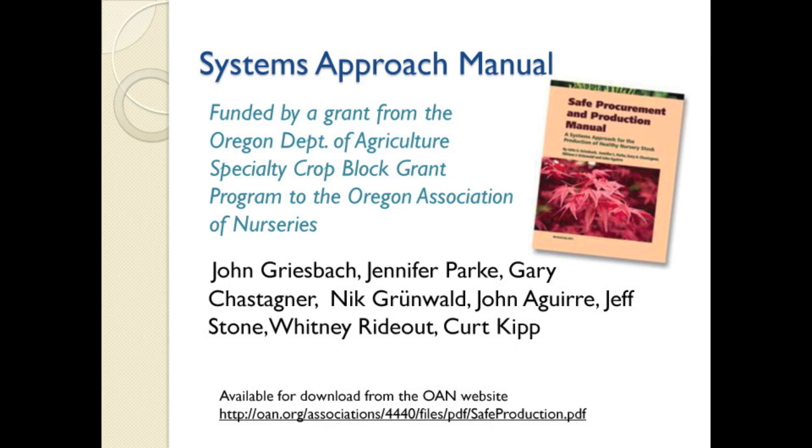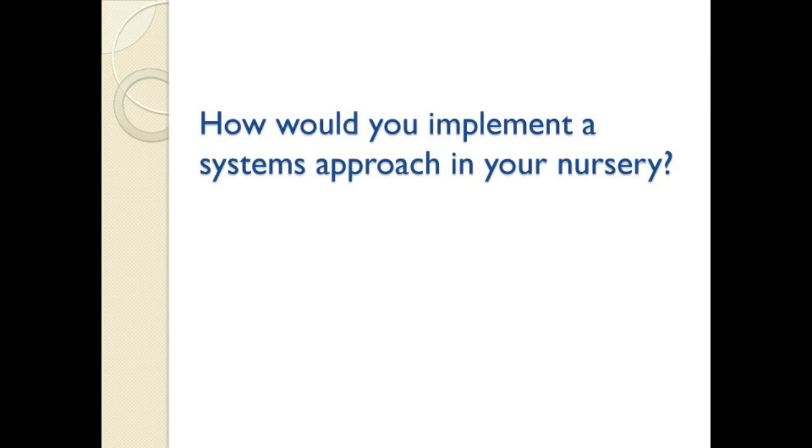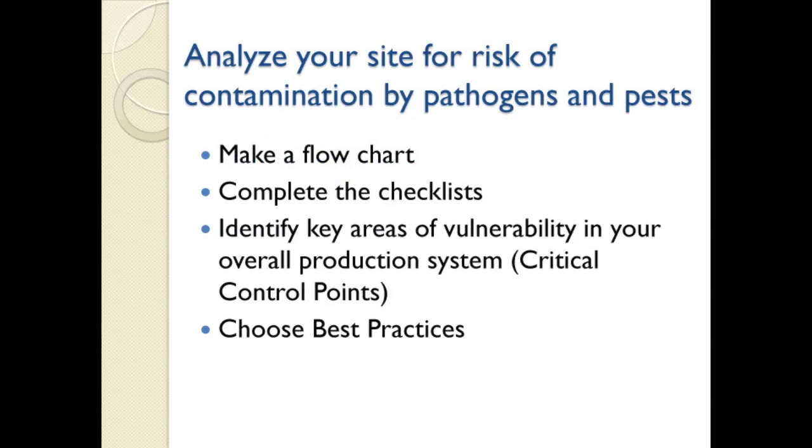So, how would you implement a systems approach in your nursery? I'm going to walk you through this process. It's just going to be an introduction to how to use this manual. The first thing you want to do is essentially conduct a hazard analysis. So you're going to analyze your nursery site for the risk of contamination by pathogens and pests.